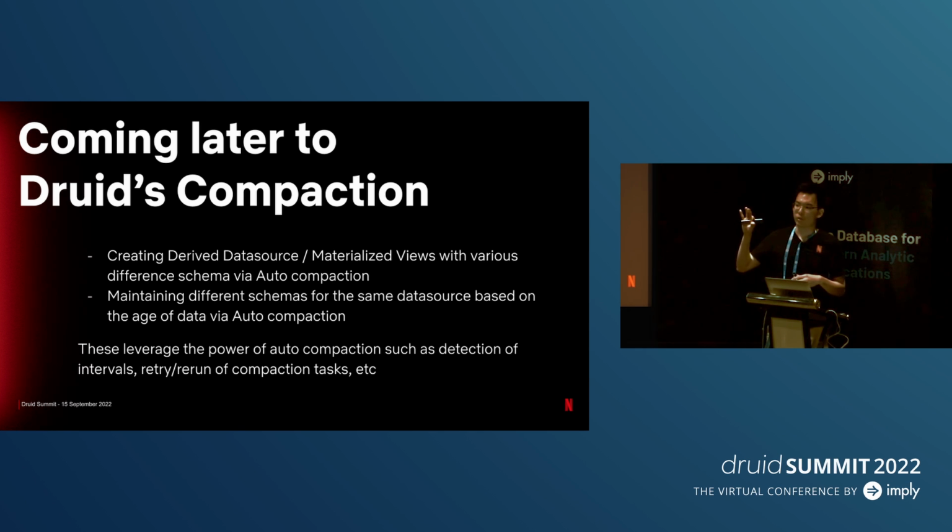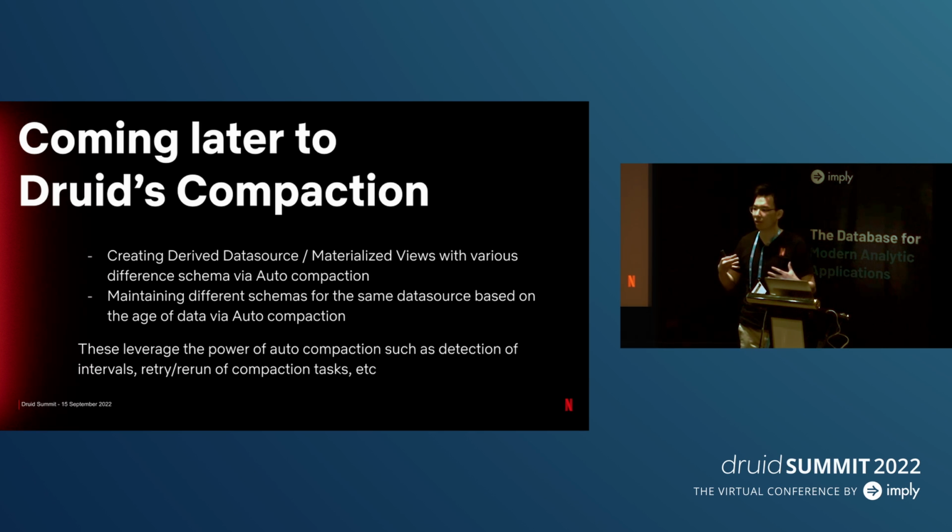So in your latest one day, you might have a schema where you roll up to hour granularity, and for older data, you might have an auto-compaction spec with roll-up to month granularity.